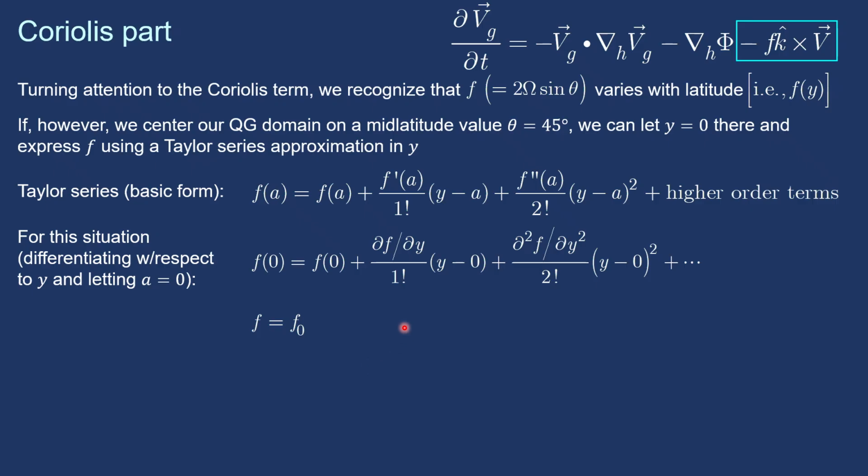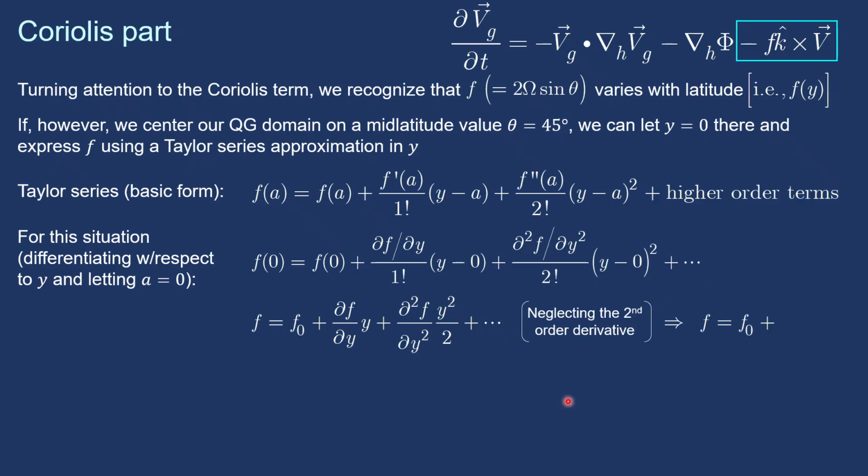For the second term, partial f over partial y divided by 1 factorial: 1 factorial is 1, so this just becomes partial f partial y, and then y minus 0 just becomes y. For the next term, partial squared f over partial y squared divided by 2 factorial: 2 factorial is just 2, so we can write this term as partial squared f partial y squared times y squared divided by 2. And then we'd have these higher order terms that we don't care about.